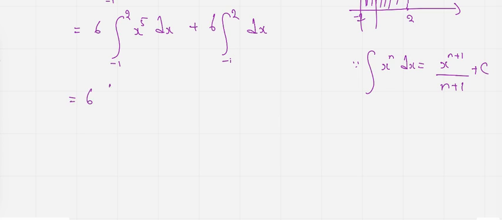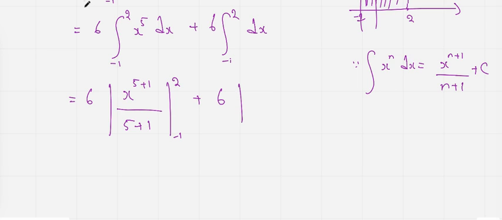So I am going to apply my formula here. Here n is 5, so I just use my formula and write the values nicely. Plus 6 times, and as I'm having the integrand 1, whatever variable you have attached to the differential, on taking out the integration you simply write that variable over here.